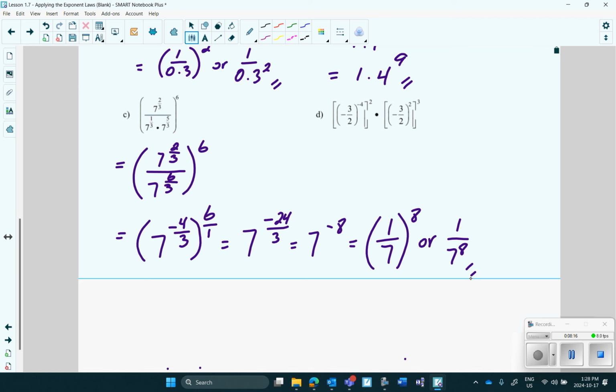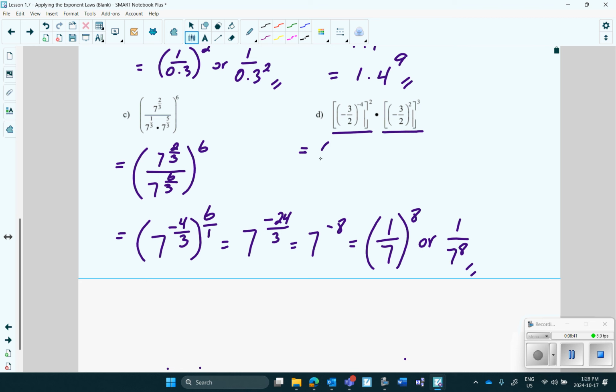Okay, D. I've got to raise this power to another power, because we see the exponents beside each other. I've got to raise this power to another power, and then multiply those 2 answers. Remember, I do the exponents first. So I do the power to a power first, and the multiplication after.